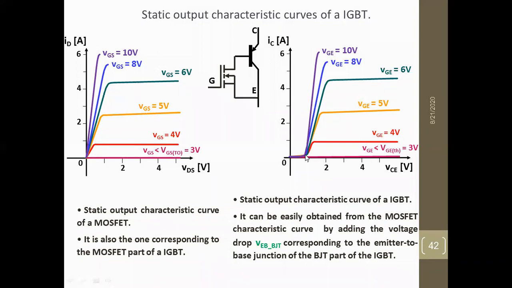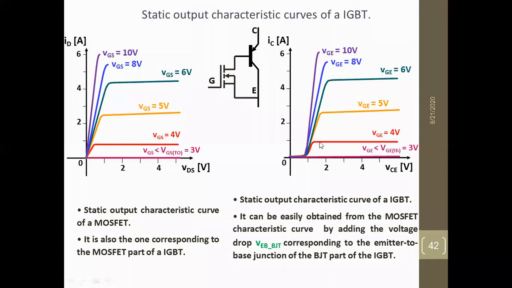Here also we have a threshold voltage. If the gate emitter voltage is 3 volts, under this region it is the cutoff region. We are discussing the cutoff region, and this comes out of the cutoff region.